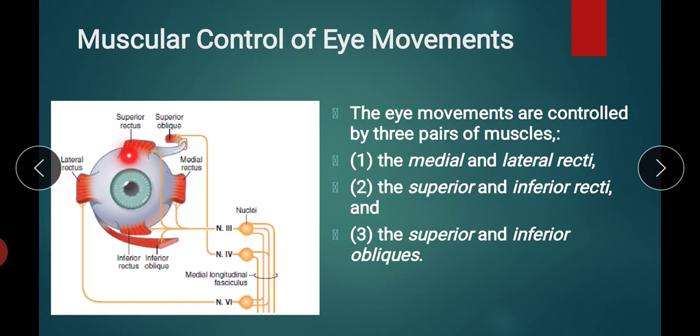Whenever there is a requirement for upward movement of the eye, the superior rectus will contract and the inferior rectus will relax. So this agonist-antagonist type of arrangement is also present in the extraocular muscles, and the same type of reciprocal innervation you will learn in the motor system of the somatic nervous system. So this is all about the muscular control of eye movement, and all these cranial nerve nuclei are situated in the brainstem.